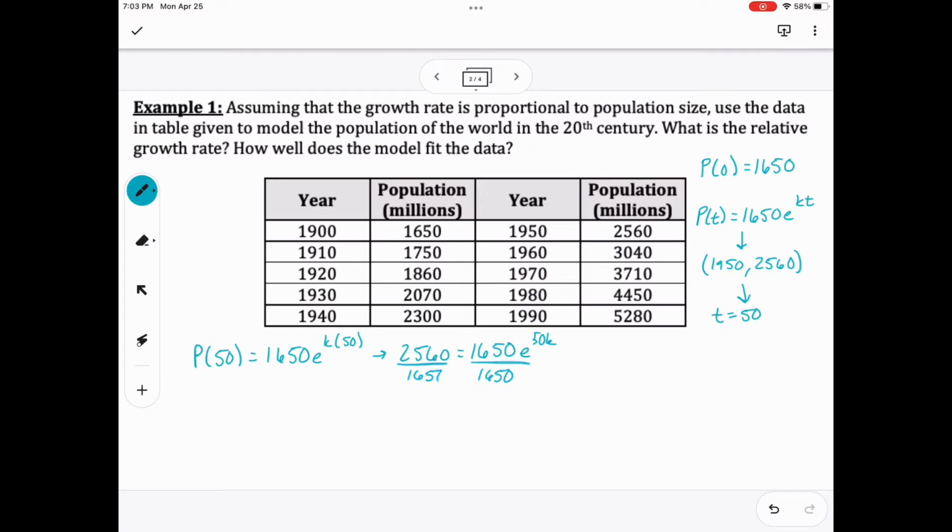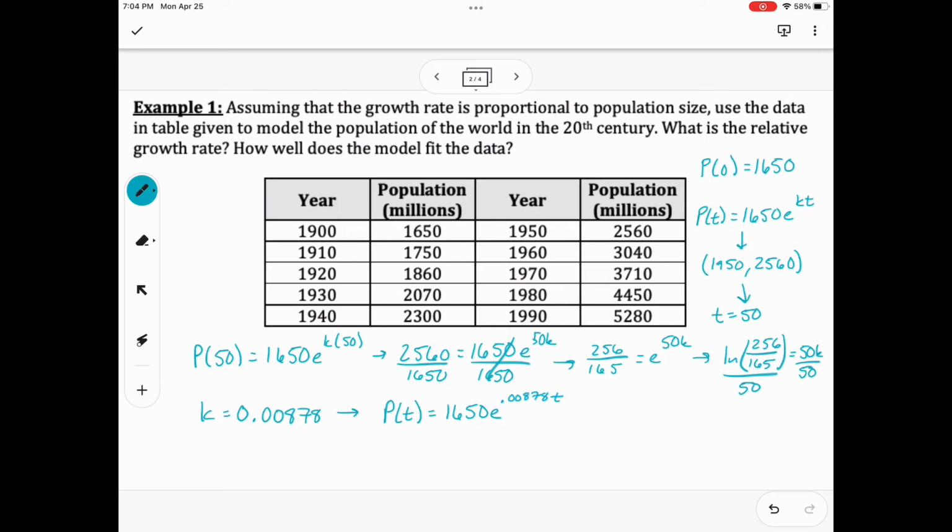So I plug in 50 for my time and 2,564 for P of 50, and then I solve for k using my exponential growth experience. For k, I find that it is 0.00878. Then I plug it back in and get the following exponential function.